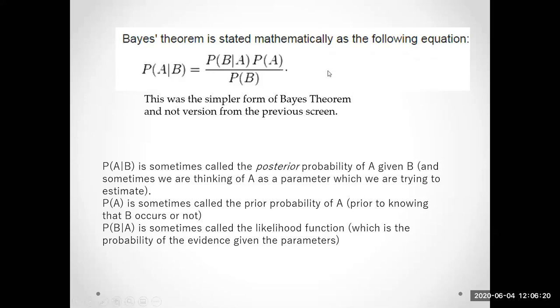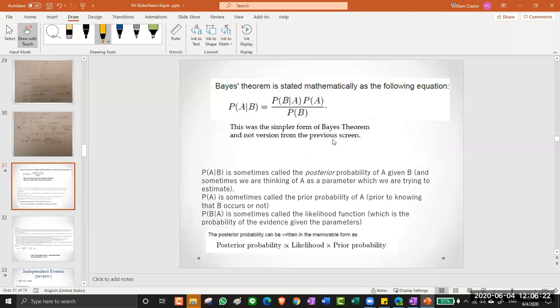So we have this word, this word, and this word. And with those words, we can say this is called the posterior probability. This is called the prior probability.